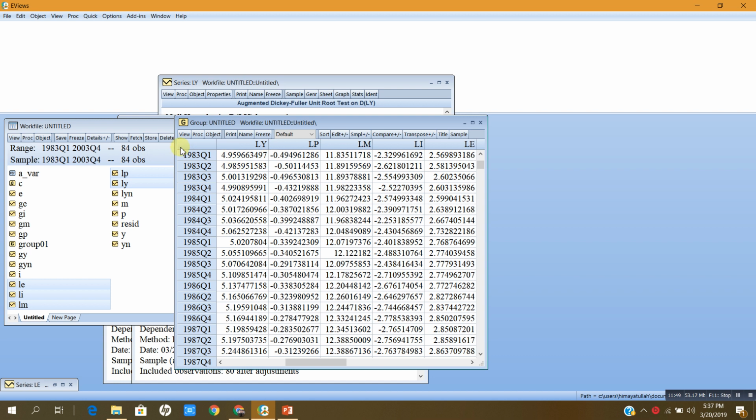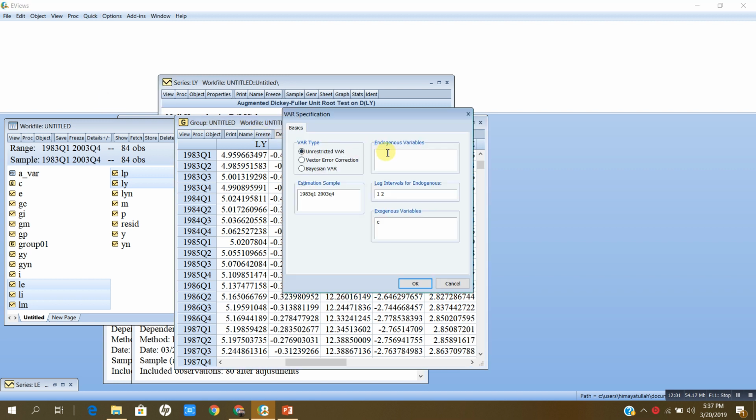So let me check for lag length. First of all, I would like to go for the VAR, estimate VAR, and here I will write the names of my variables, that is ly, lp, lm, li, and le. By default there are 2 lags, so I don't want to disturb it.